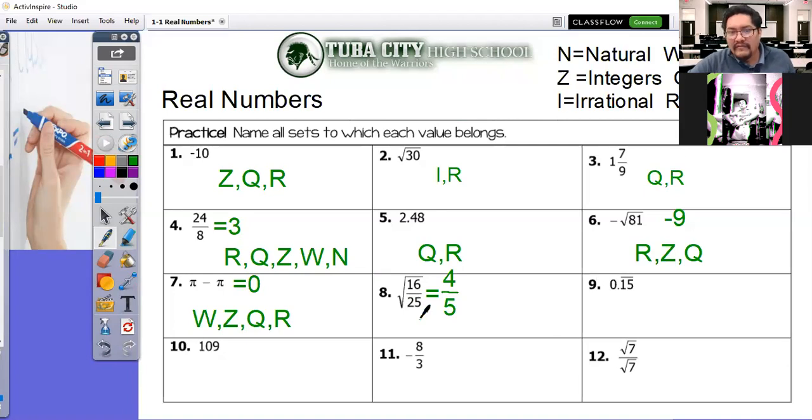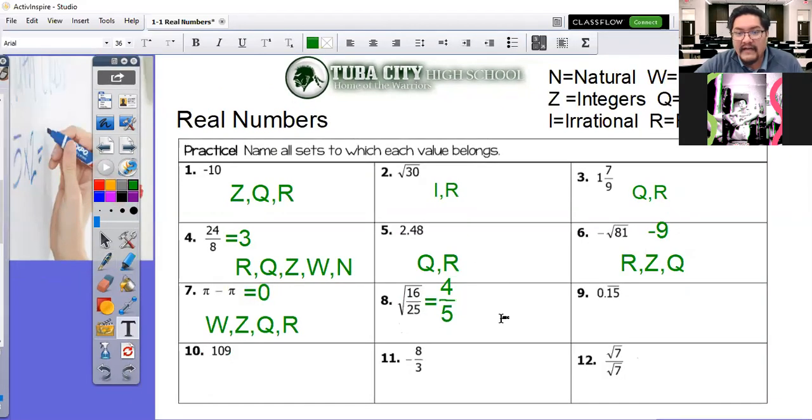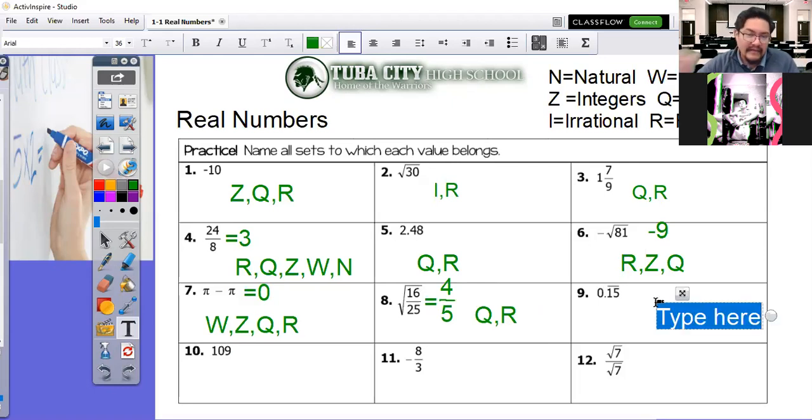This is actually something we will cover much better in a later lesson when we're dealing with properties of radicals. But basically, for what we need to know today, the square root of 16 is 4 and the square root of 25 is 5. So the actual number we're looking at is 4 over 5, which is rational. It's a fraction, so we know it's going to be a rational number. And it is a real number because just about everything is a real number.